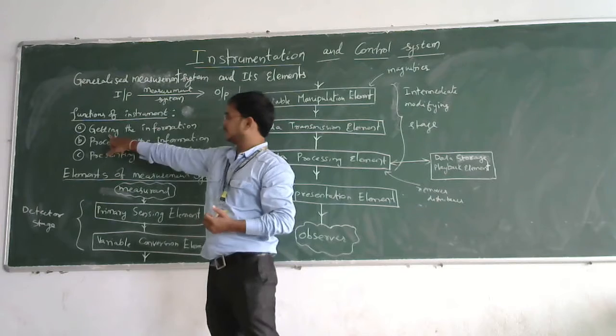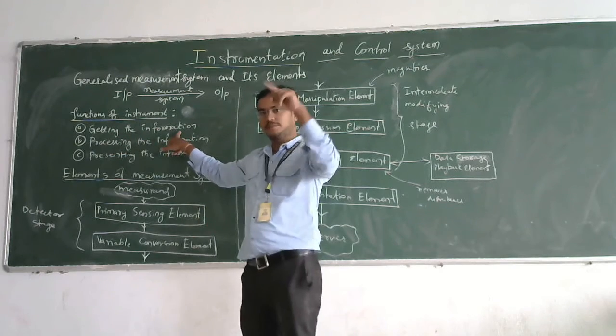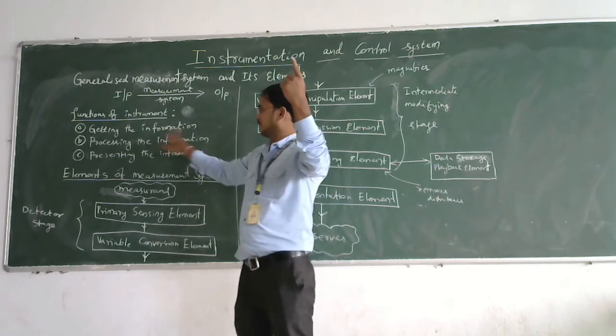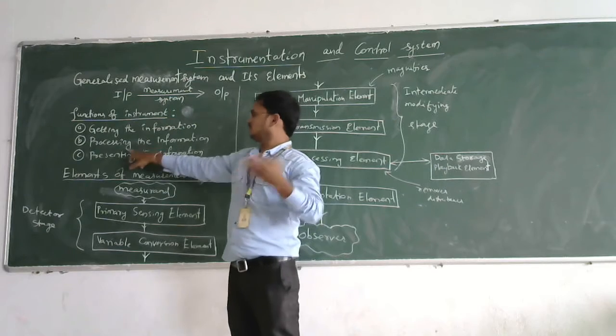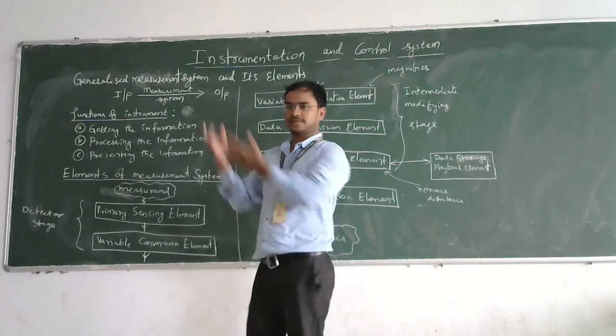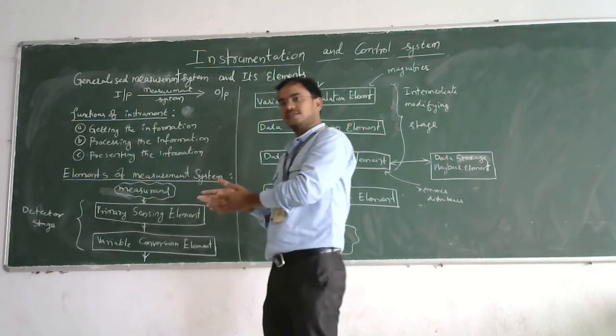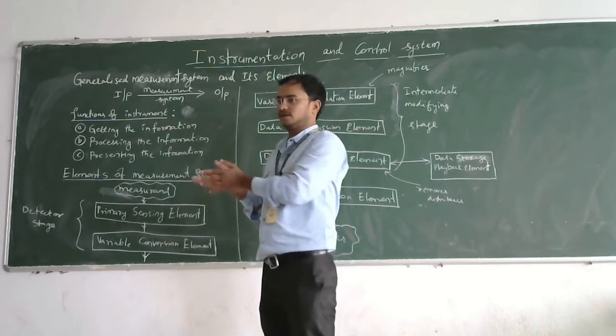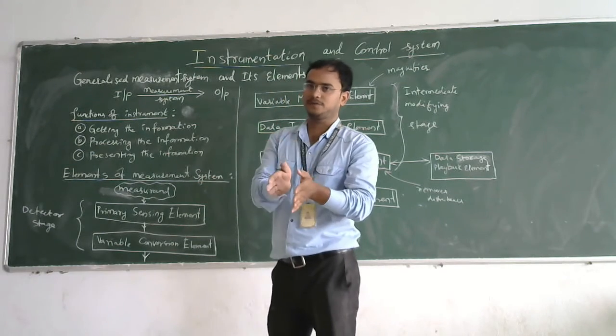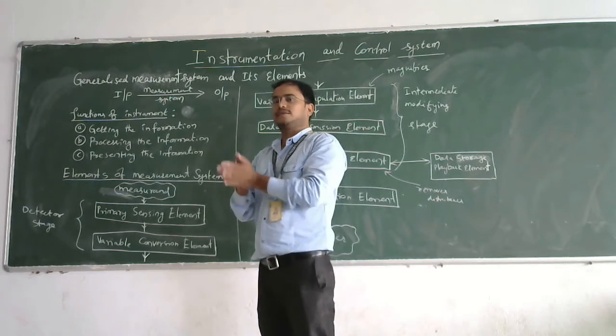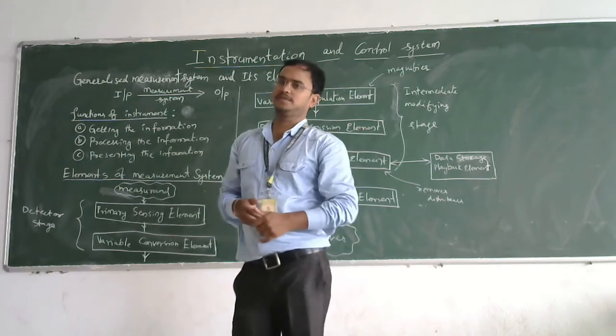That is, getting the information from the measurement. Next, processing it. After getting the information, what does it have to do? If any translations or conversions are required, it will do them. If not required, it will come under a direct type of measurement system, or it can be an indirect type of measurement system.